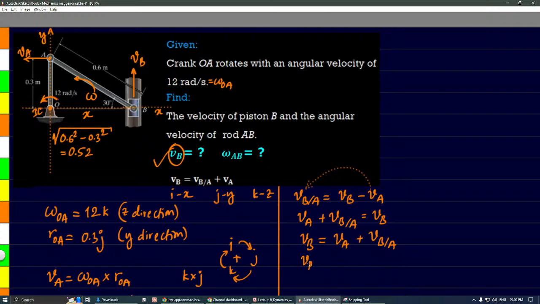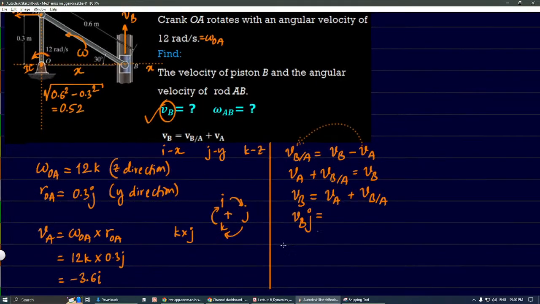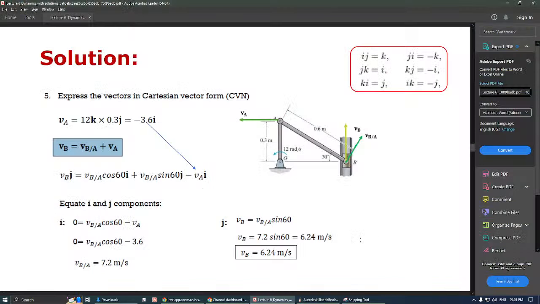So let's write it as velocity of B multiplied with the y-axis, that is J. This is equal to velocity of A. Velocity of A we found just now: minus 3.6 I. Velocity of B with respect to A, this one is complex.